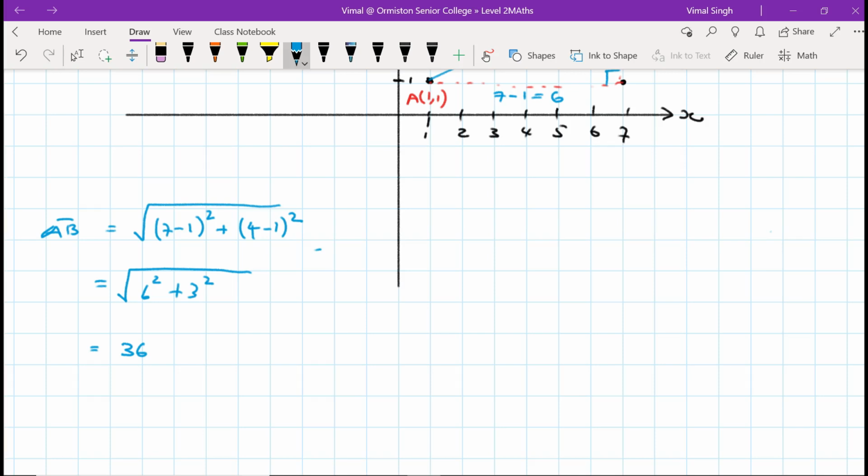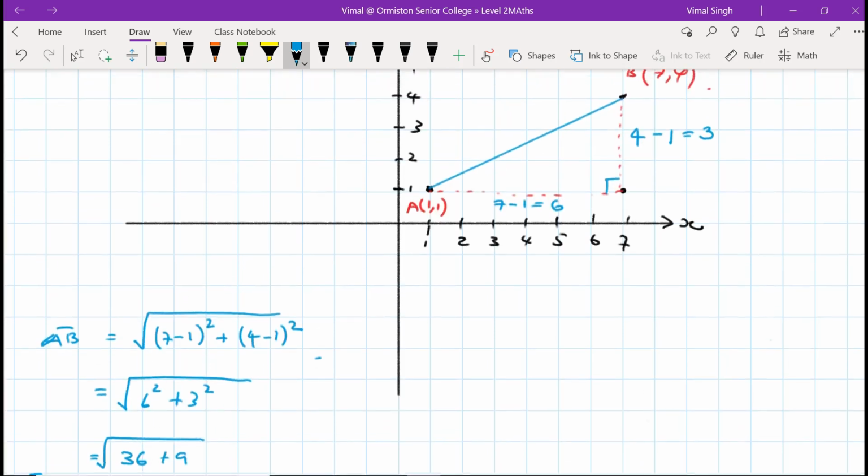It should be AB is equal to the square root of, not AB squared. So 36 plus 9, the square root of that, is going to be the square root of 45. So AB is equal to the square root of 45, and you can work out what that is in terms of decimal value.